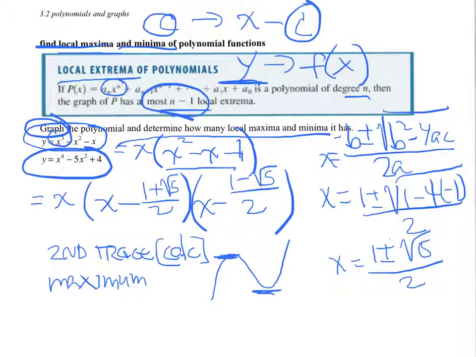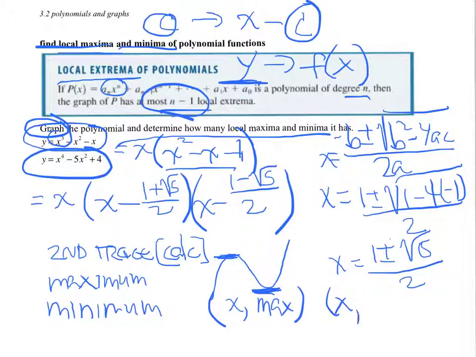And if you're looking for a low point, the y-coordinate of the low point, and the x-coordinate as well, then use minimum. Okay, so just remember that the local max and the local min are the y values. So you have x, and then you have max. Or you have x, and then min.